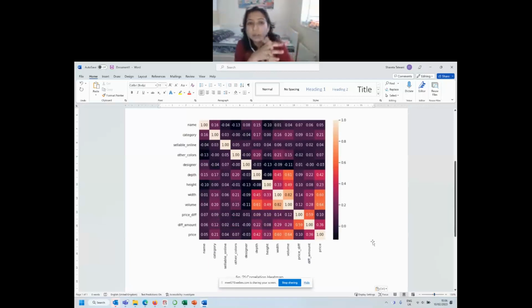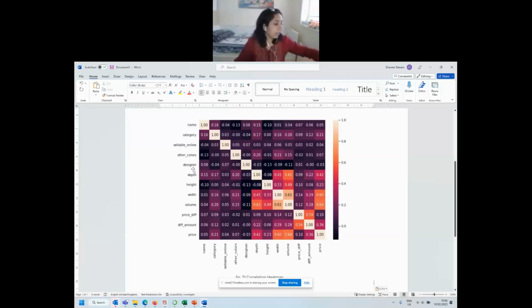So this is a data set of IKEA. This is the name of the product, and then their category. This is whether they are sellable online or not, so this is a categorical variable, like yes and no. Then whether they are available in other colors or not. It might have zero value if no color is available, one if it is available in one color, two if it is available in two colors.